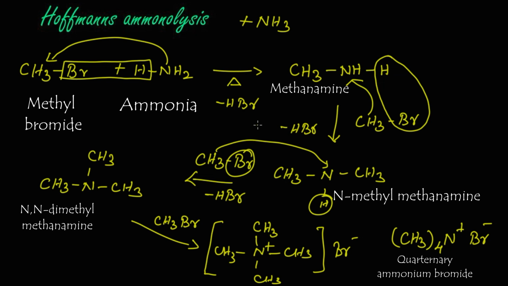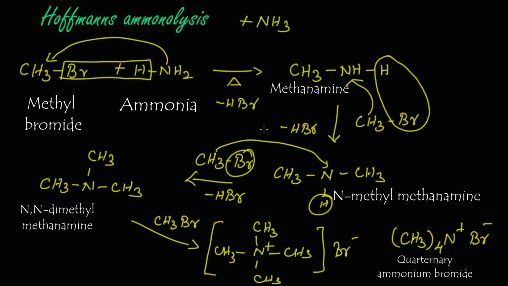The product primary amine so formed also has a tendency to act as a nucleophile, and hence if excess alkyl halide, excess methyl bromide, is taken, further nucleophilic substitution takes place, which leads to the formation of quaternary ammonium salt. However, if the process is carried out with excess ammonia, the major product will be primary amine.